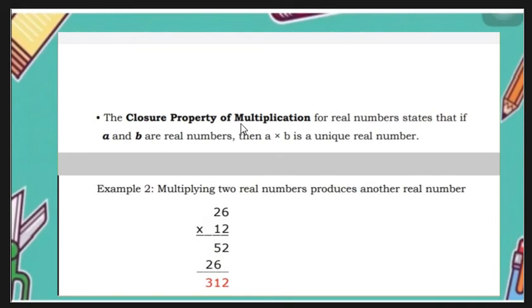Since we talk about multiplication, the two real numbers are multiplied by each other. So 26 multiplied by 12, therefore, we have the result of 312.